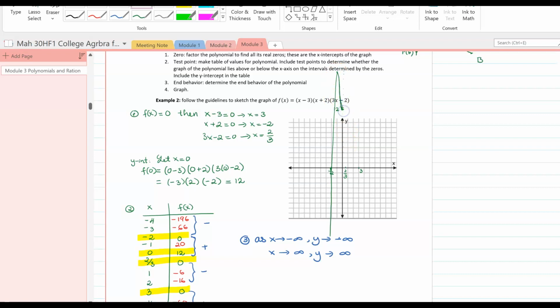Then it goes down to 2/3, where it is 0. When x equals 1, it goes down to negative 6. And 2 goes down to negative 16.